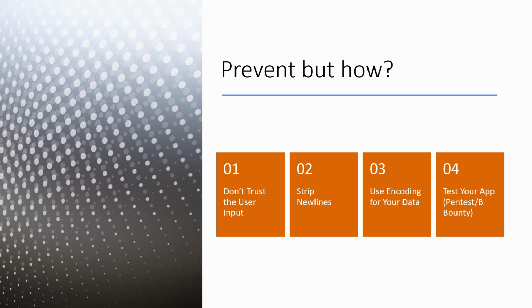And later, we must test our application with penetration testing or bug bounty programs or other programs, maybe a private bug bounty, or continuous scanning. The main idea is you must test your application.